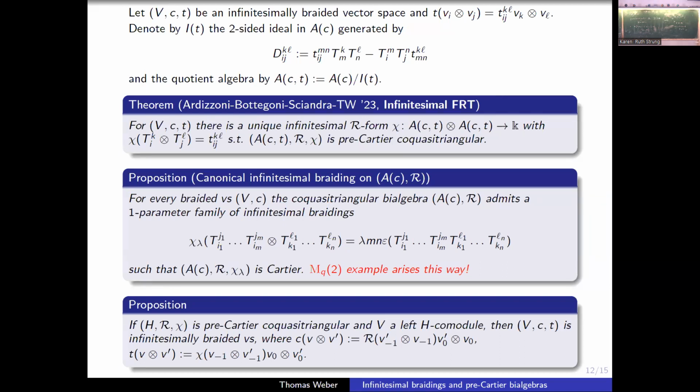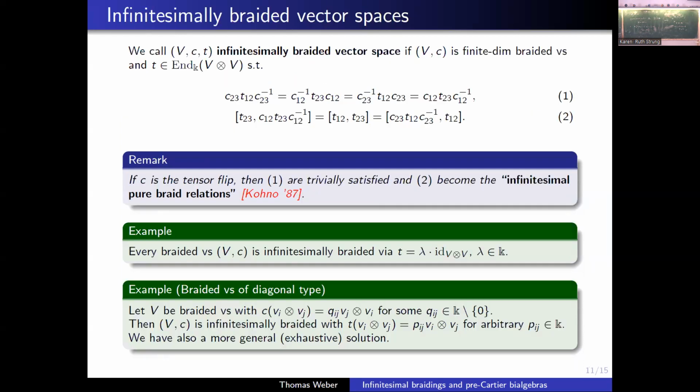First of all, you still get a coquasitriangular bialgebra, but even more, you are getting an infinitesimal R-form, chi, on this double quotient, where chi on generators is just T, Ij, Kl. And that's basically how this definition was built. So 1 and 2 are built exactly to make this theorem work.